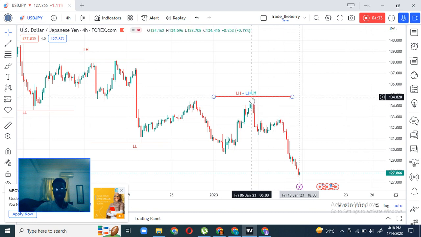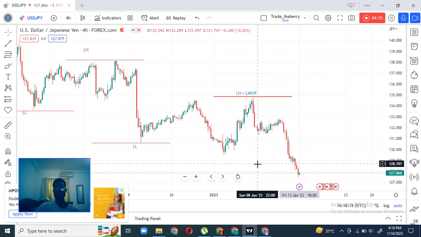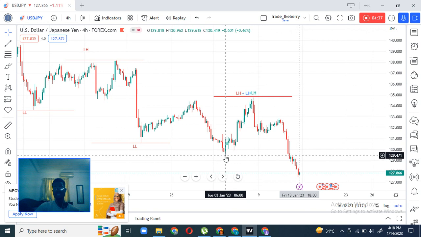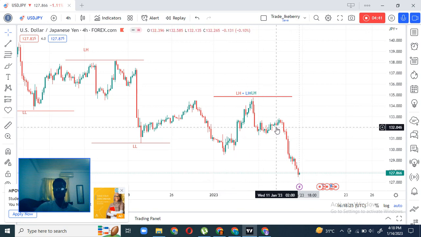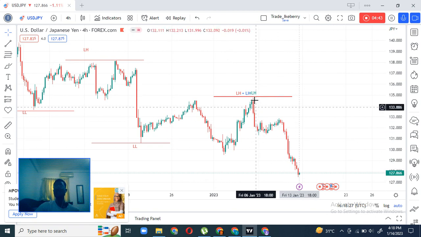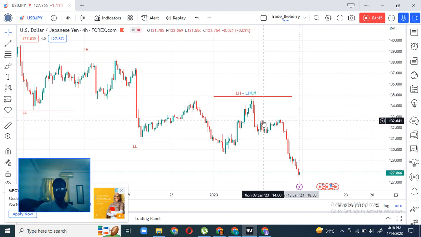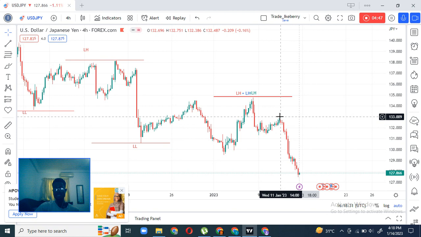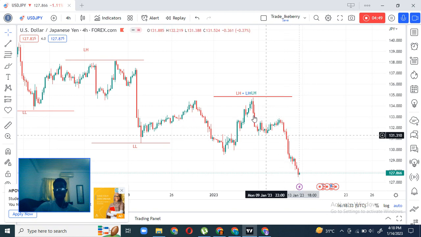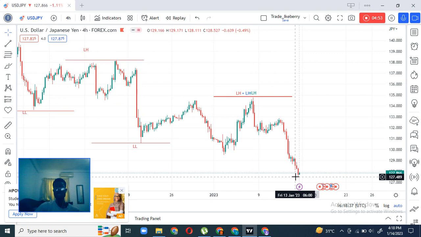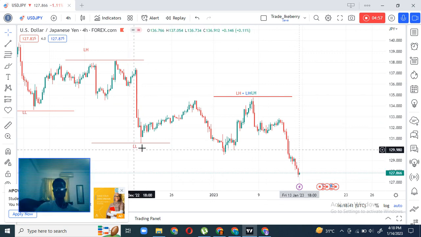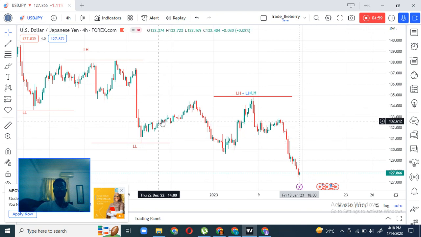But because price didn't come impulsively down to break this lower high, and then form the corrective way up to form another lower low, price instead made these corrective candles and then came down. It means this is our lower high, and our lower low is still to be formed, because we are still watching what price will do, God willing, next week, and then we follow from there.